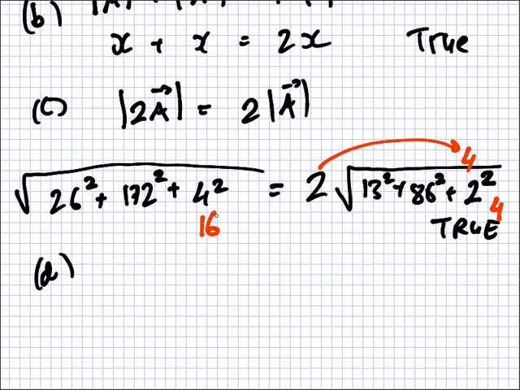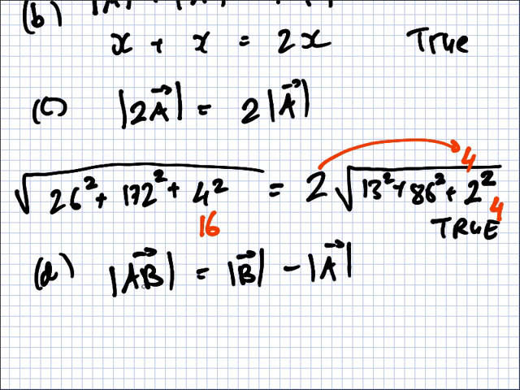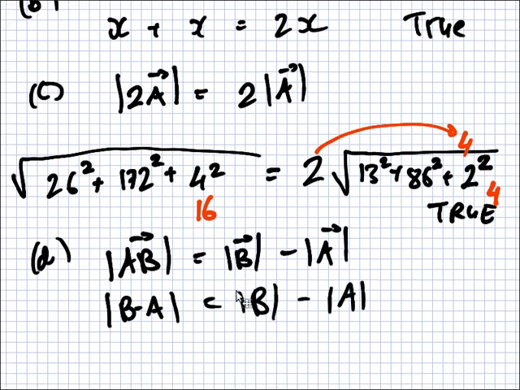D. Magnitude of AB equals magnitude of B minus magnitude of A. So remember, AB is B minus A. Does that equal this? Let's check.